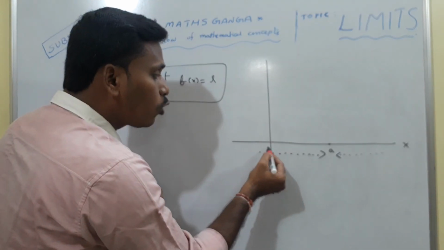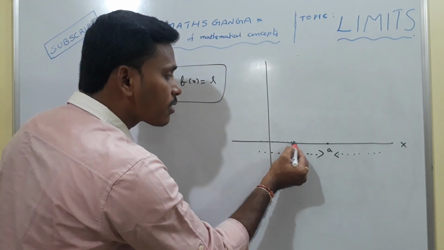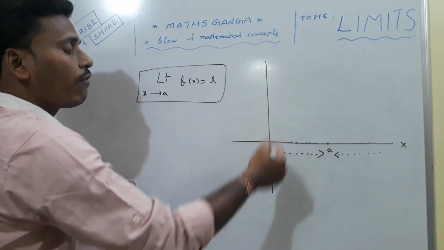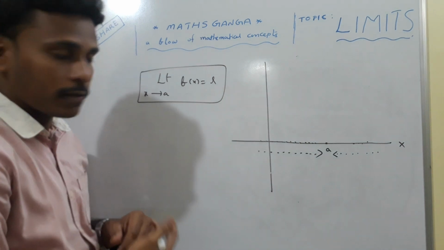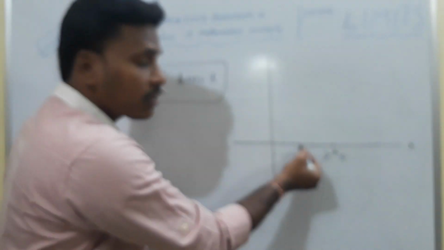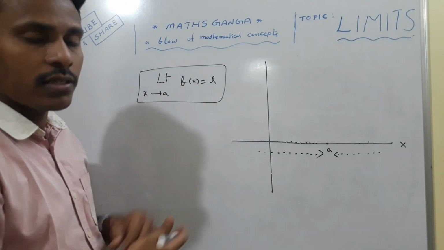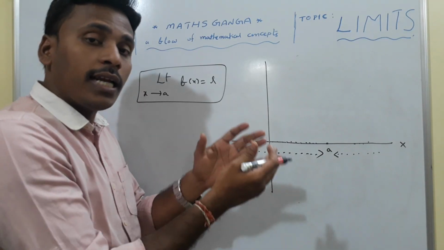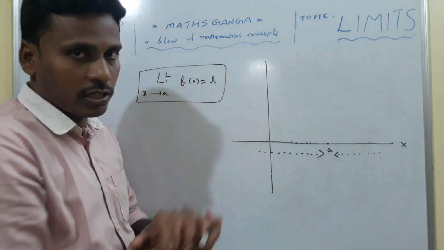Corresponding to different values of x on the x-axis, we have different values of f of x. Corresponding to every value on the x-axis, we have a value for f of x, and by joining all those, we will get the graph of f of x. Already we learned about graphs in the functions chapter.